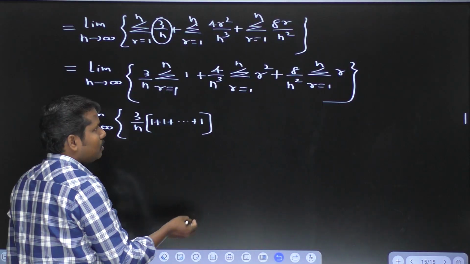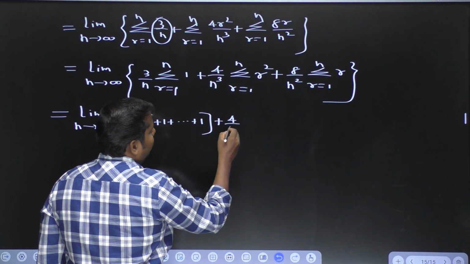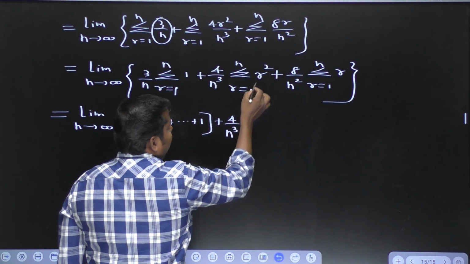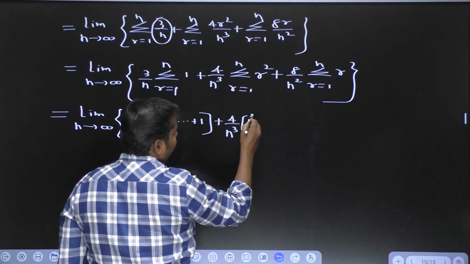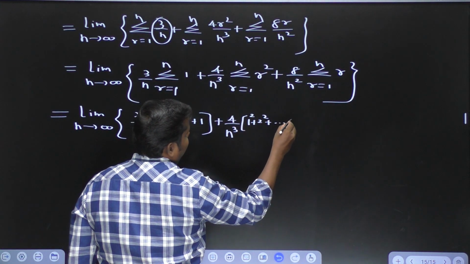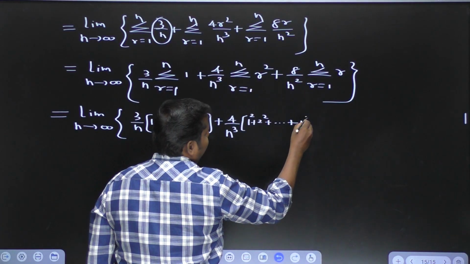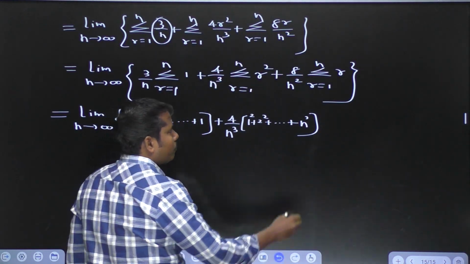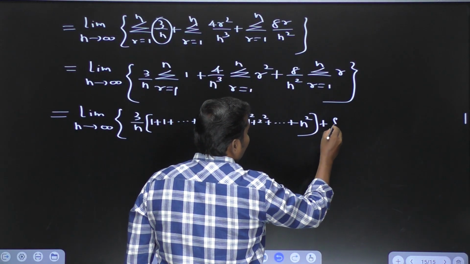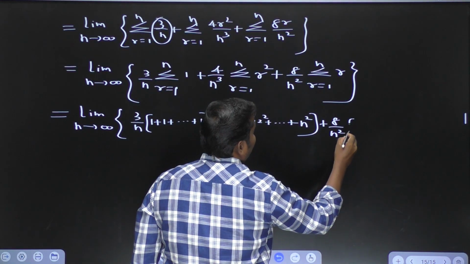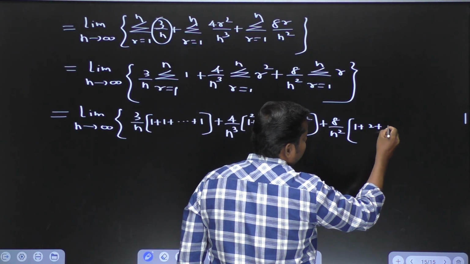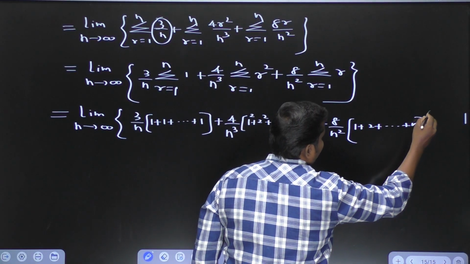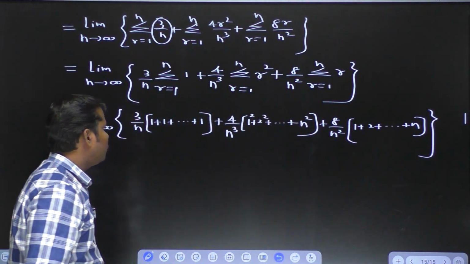In fact n ones, plus 4 by n cube into, expand this, what are you getting there? 1 squared, 2 squared, plus etc, at last n squared, plus 8 by n squared into, give r equal to 1, so 1 plus 2 plus etc plus n, close the entire bracket.